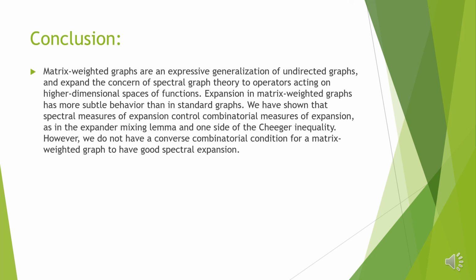We have shown that spectral measures of expansion control combinatorial measures of expansion, as in the expander mixing lemma and one side of the Cheeger inequality. However, we don't have a converse combinatorial condition for a matrix weighted graph to have a good spectral expansion.